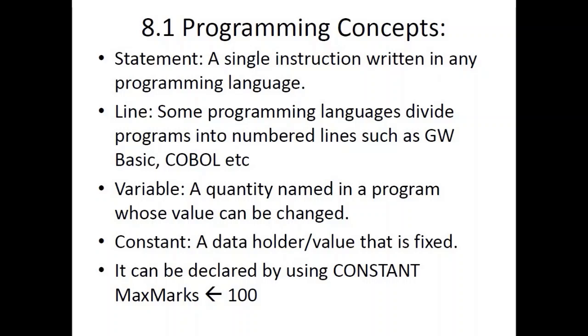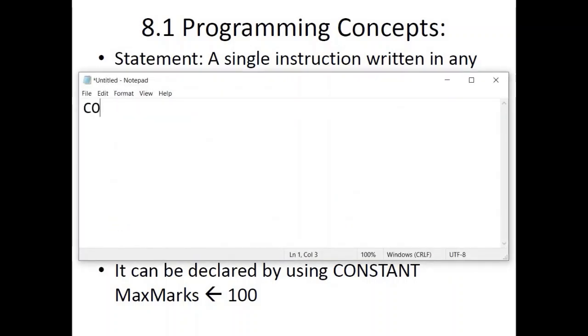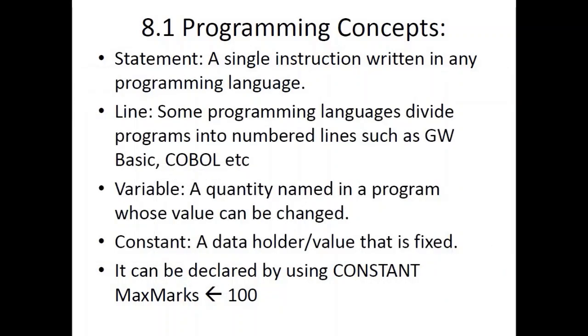For example, constant max marks equals to 100. This can be written something like this. Over here the same thing is written, but there has been a line break, so you might be a little confused.